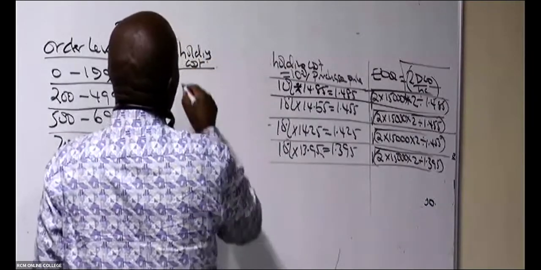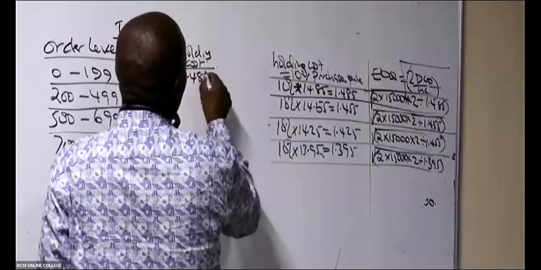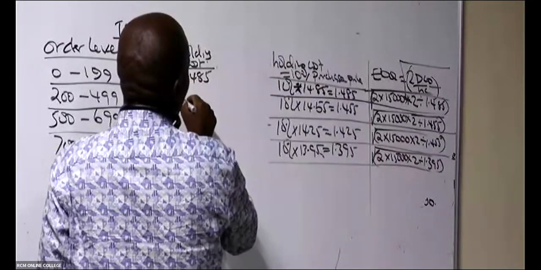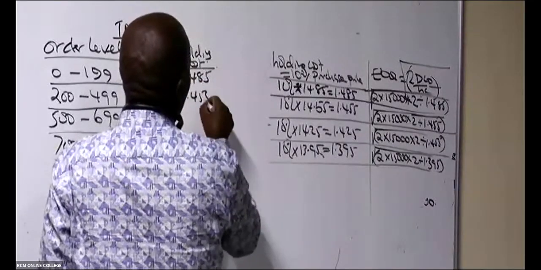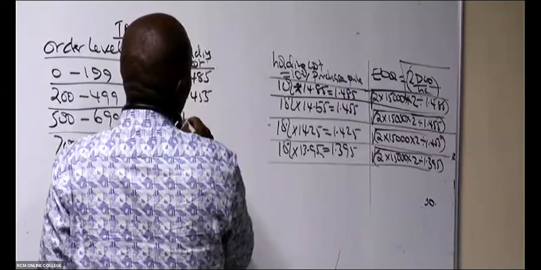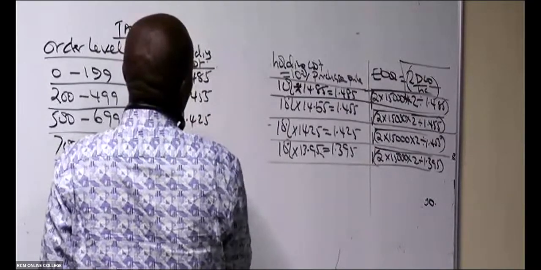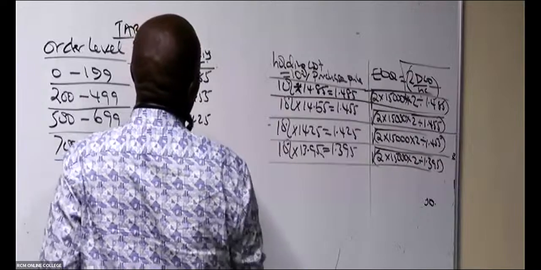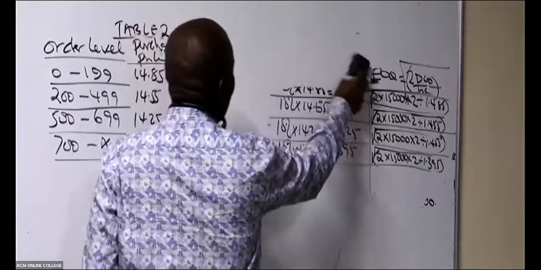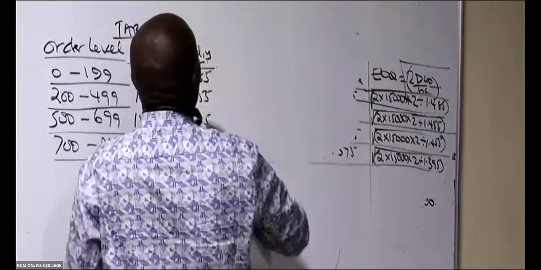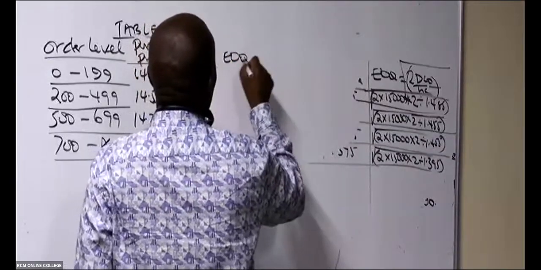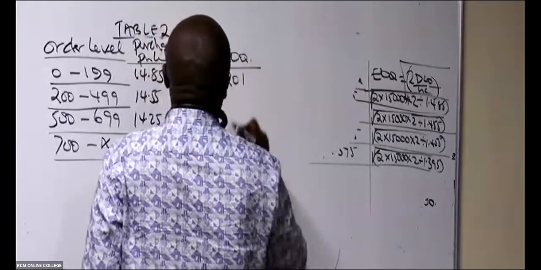The holding cost: 1.485, 1.455, 1.425, 1.395. And then I'll copy the answers of the EOQ, of which the first one I've been told is 201.